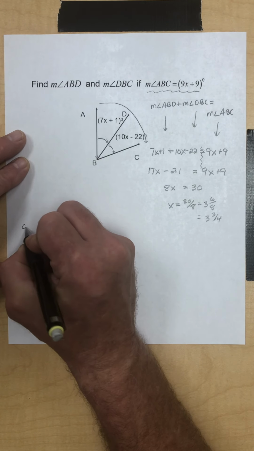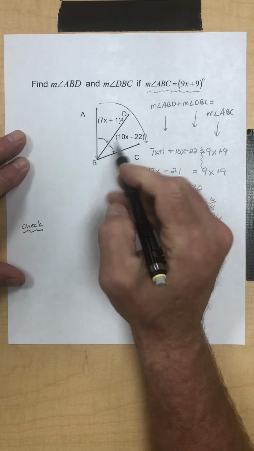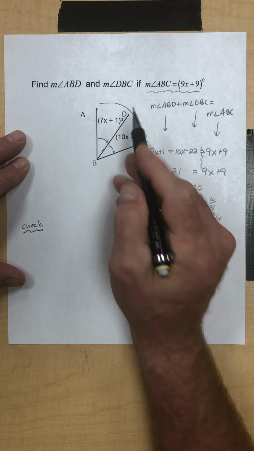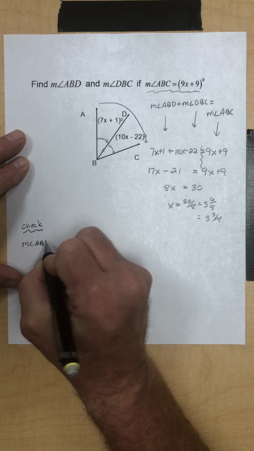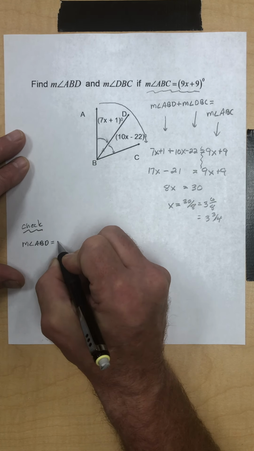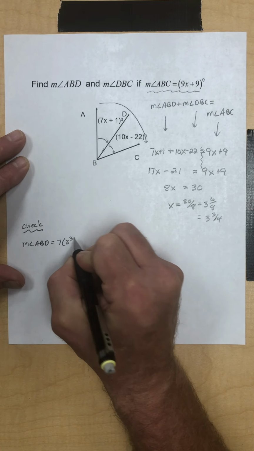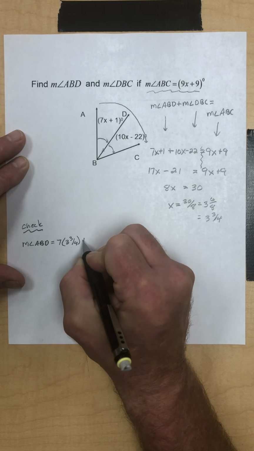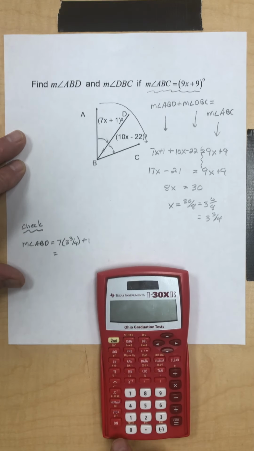Okay, so let's see our check. Let's take angle ABD. The measure of angle ABD would be 7x plus 1, so it's 7 times 3 3/4 plus 1. That's where the calculator comes into play.